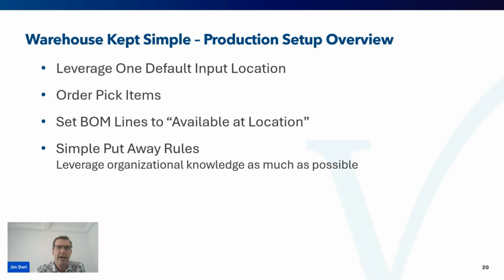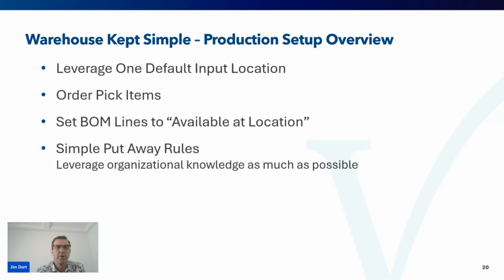Similar to the idea from the outbound processes, order picking items for a particular line, as opposed to across lines, defining processes to work in that way from a system level can simplify those processes.